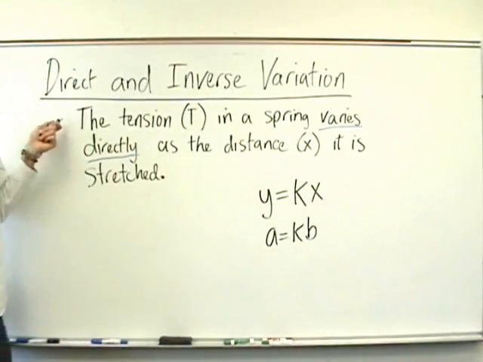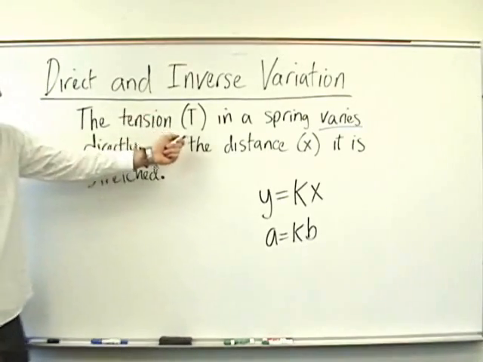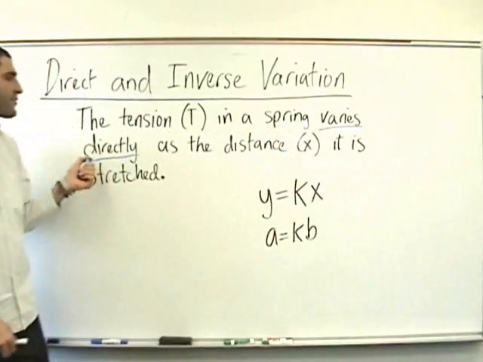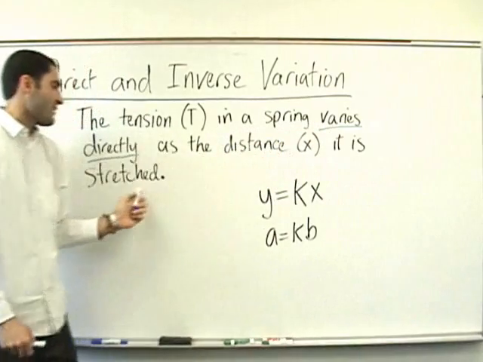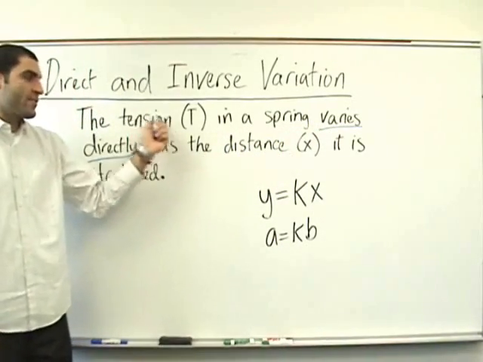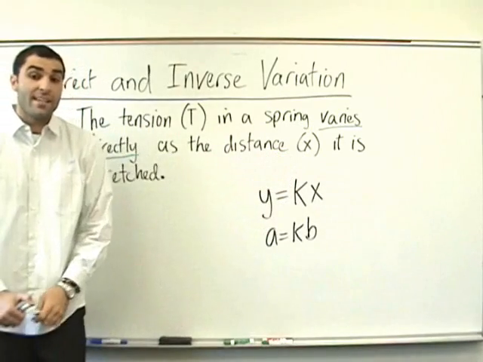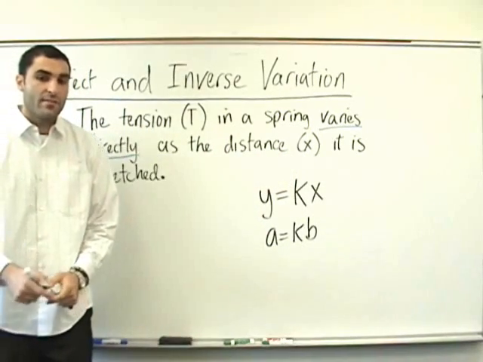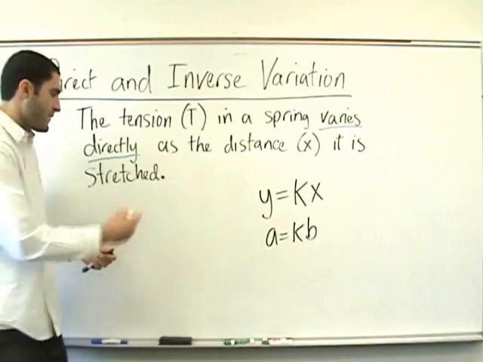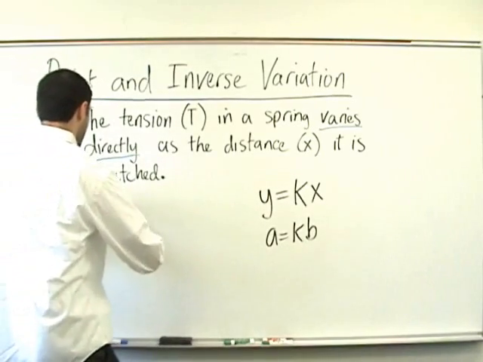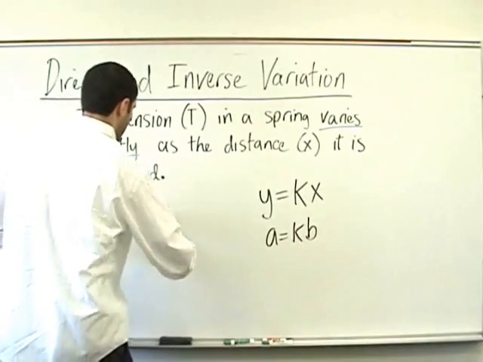It says, the tension T in a spring varies directly as the distance x it is stretched. So T varies directly as x. So T equals kx. So the formula goes T equals kx.